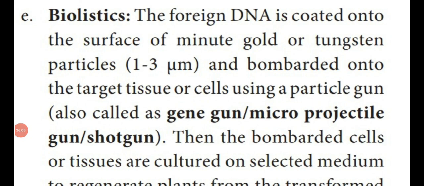The last method of vectorless gene transfer is biolistic. For this method, a foreign DNA or gene of interest DNA is coated with minute gold particles, or it is coated with tungsten particles of 1 to 3 micron, and bombarded, meaning triggered like a gun, or forced into the target tissue or cells using a particle gun, also known as the gene gun method, microprojectile gun method or shotgun method.